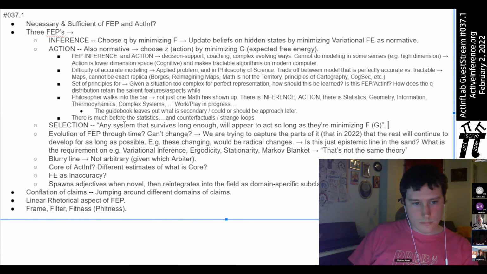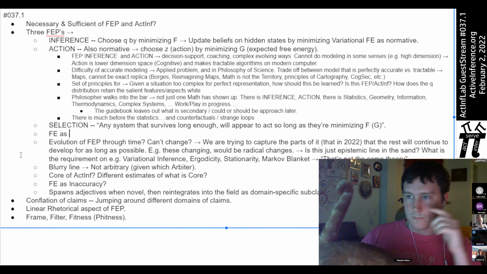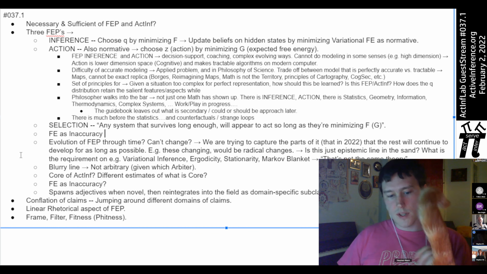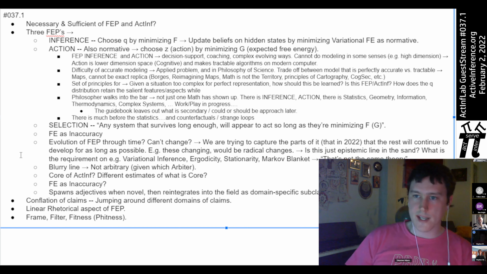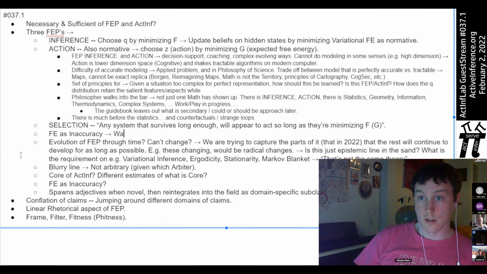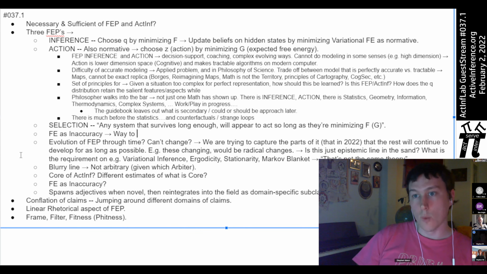Okay. And then how about the FEP as, or free energy as, inaccuracy interpretation? Great, yeah. This is something that I was hoping would be a way to present it to philosophers so that it would be easier for them to grasp what was going on. I wanted them to understand, why do we care about this function F? Why do we care about variational free energy?